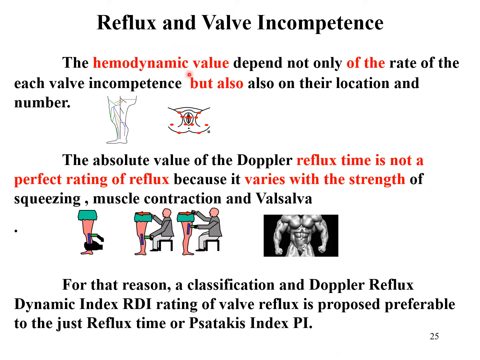The hemodynamic value depends not only on the rate of each valve incompetence, but also on their location and number. The absolute value of the Doppler reflux time is not a perfect rating of reflux because it varies with the strength of the squeezing muscle contraction and Valsalva.